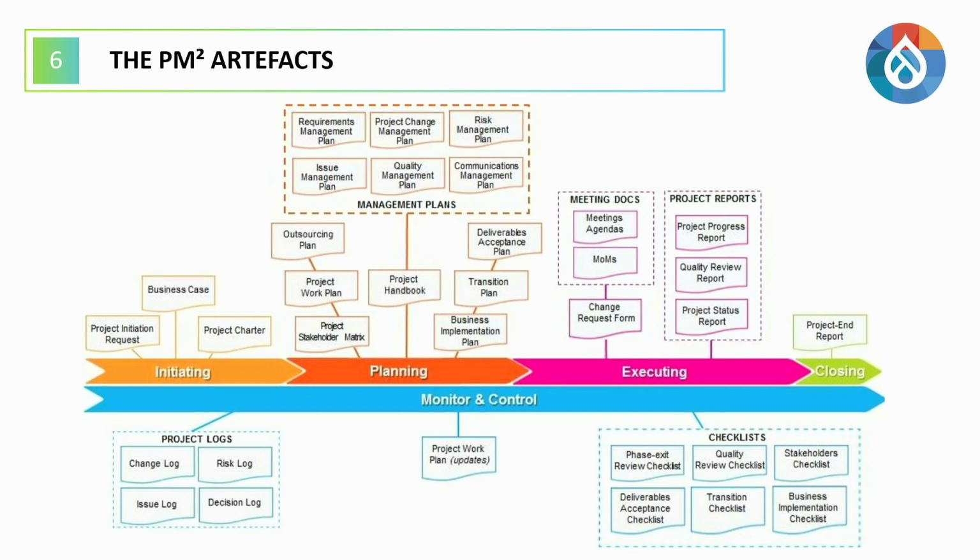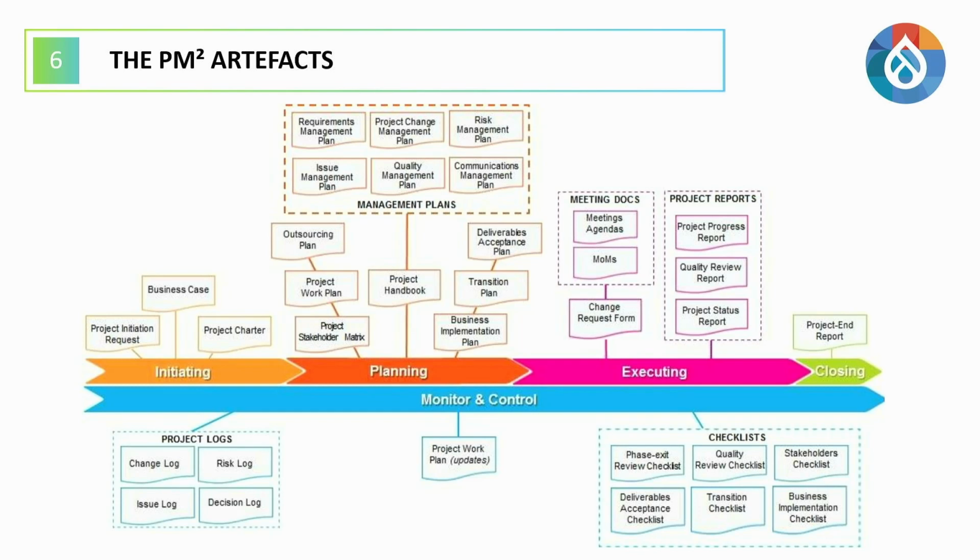So during the initiating phase, we have, as I already mentioned, the project initiation request, the business case template, and the project charter. During the planning, we have requirements management plan, project change management plan, very important, risk management plan, quite important as well, issue management plan, quality, communication plan, and then more detail with the, let's say, development work.